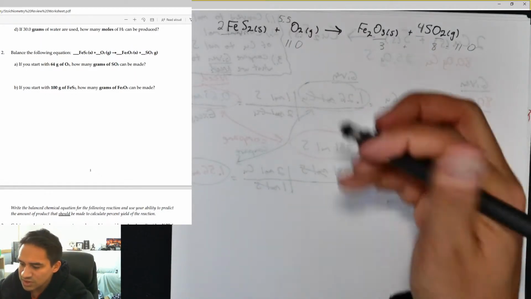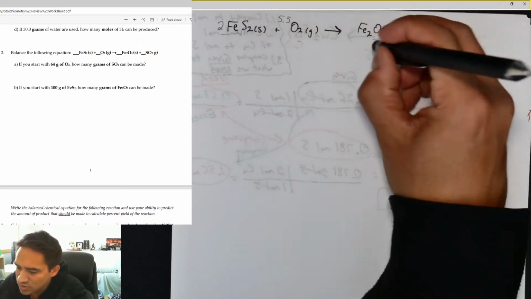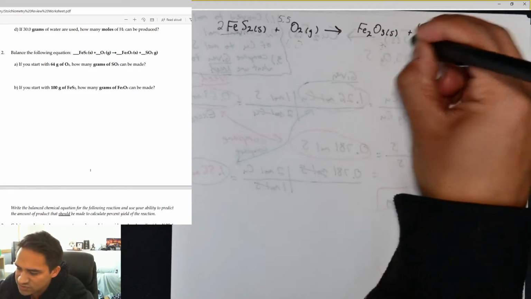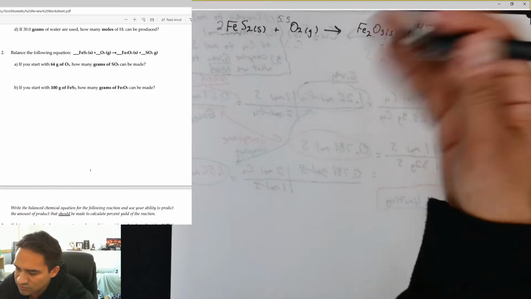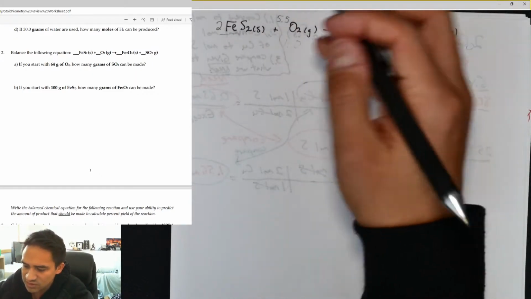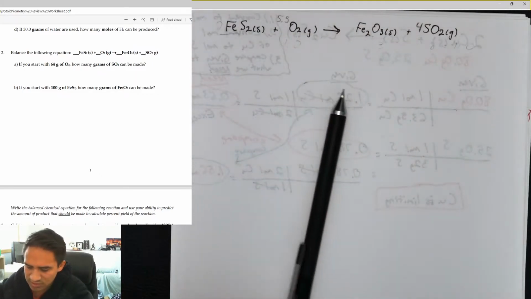So from here, to get a balanced reaction that does not involve a half number, we're just going to double all of our coefficients, and that will give us our proper balanced equation with full whole numbers. So the 2 is going to change to become a 4.